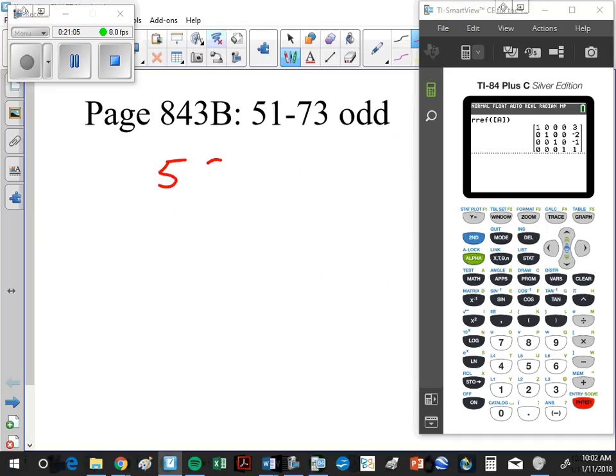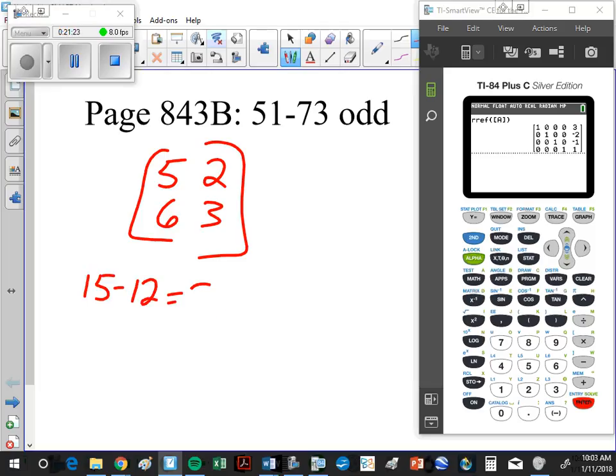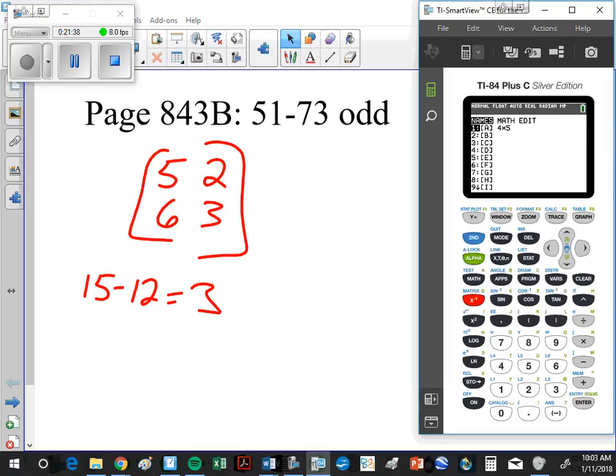Okay? So let's do this. 5, 2, 3, and 6. First of all, what's the weight of this matrix? 15 minus 12 is 3. So I would end up multiplying the answer by 1/3. So I will expect the inverse matrix to have a bunch of divide by 3's in it. So go into your matrix. Okay.